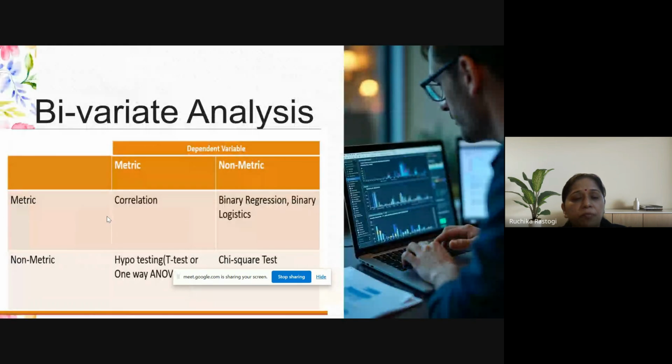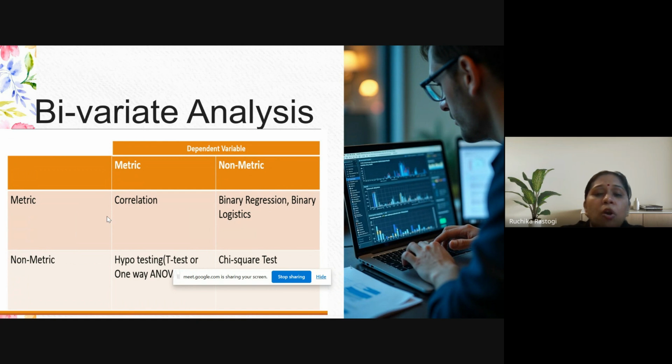and we can count and take the percentage of it. We have also seen bivariate analysis, where there are two variables. The independent variable could be metric, that means ratio or interval scale, and if the dependent variable is also metric, then the method you will apply is called correlation. When the independent factor is metric and the dependent factor is non-metric, you will go with binary logistics.